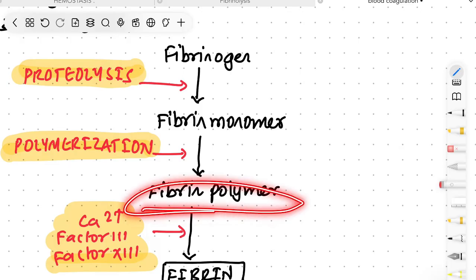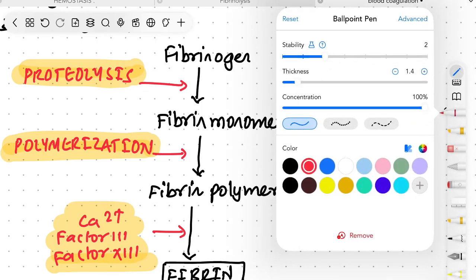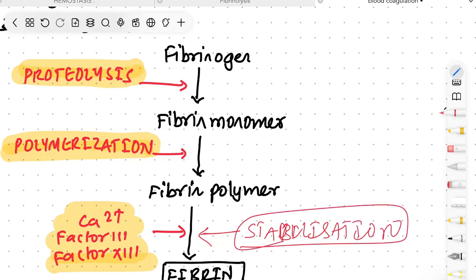Now this fibrin polymer, with the help of calcium, factor 3 and factor 13, forms fibrin. Factor 13 is fibrinase, right? And this process is known as stabilization. Proteolysis, polymerization and stabilization.